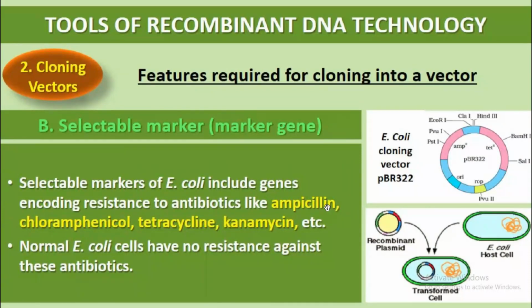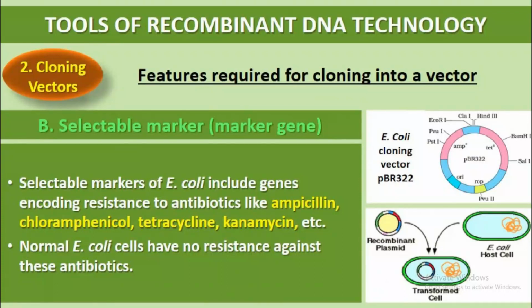If it is ampicillin, it is known as ampicillin resistant. Here you can see the letter R, for example tetR, the tetracycline resistant gene. Normal E. coli cells have no resistance against these antibiotics. Normal E. coli bacteria means ColE1.